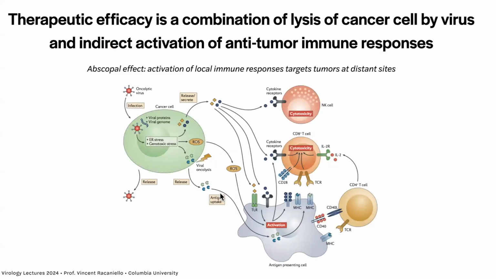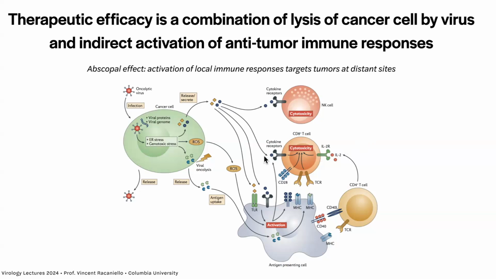And one thing I want you to remember is that therapeutic efficacy of any of these oncolytic viruses is not just lysing cells with the virus, but also activation of anti-tumor responses. So in fact, when a tumor cell is lysed by an oncolytic virus, that activates immune responses. And that seems to be even a bigger part of the efficacy of oncolytic viral therapy than viral lysis of tumor cells itself.